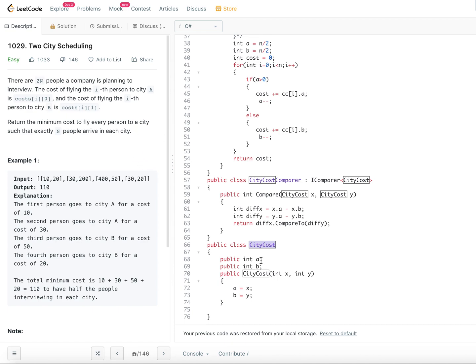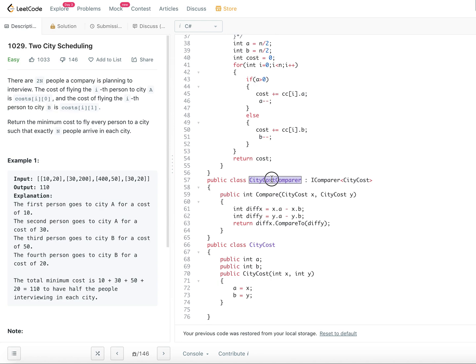To fly to city A, that is A cost, and to fly to city B, that is B cost. On top of this, I have written a comparer. This comparer will do the justification for sorting. Basically, this comparer will be used for sorting our input.